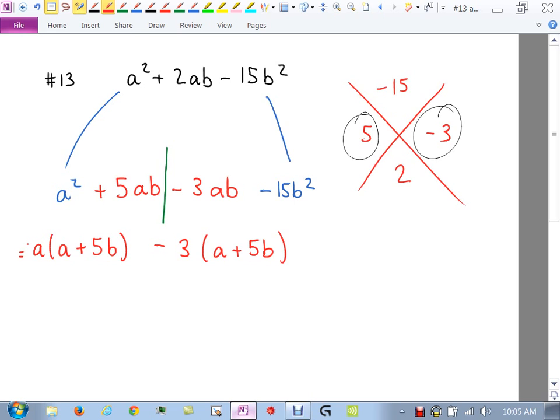Hold on, negative 3B. Did y'all see that B is in there also? Each one of these has a B. So you get A plus 5B, and then the other parentheses, A minus 3B. And that's it. Okay?